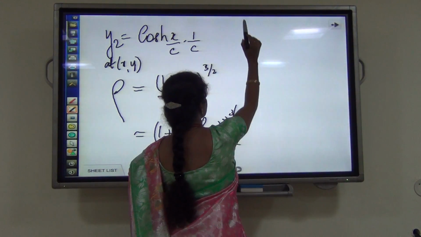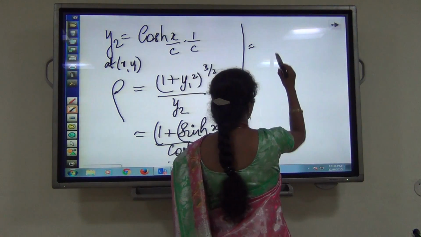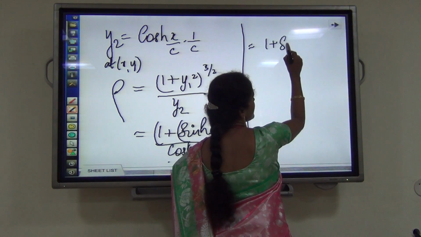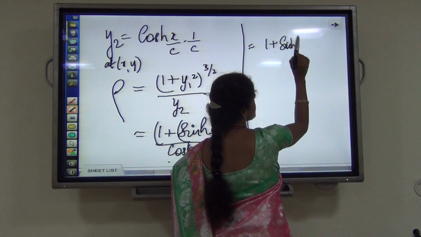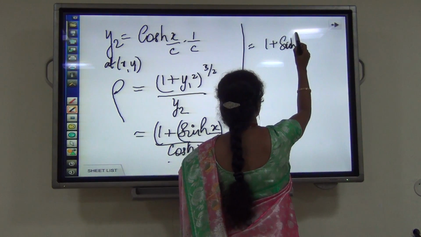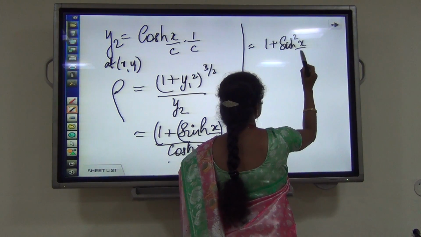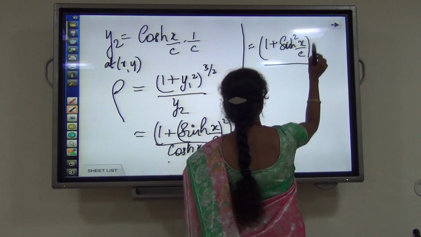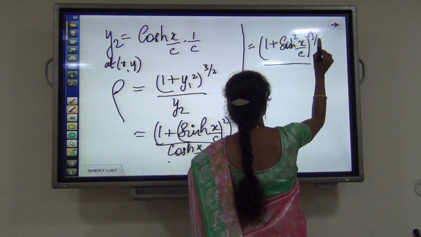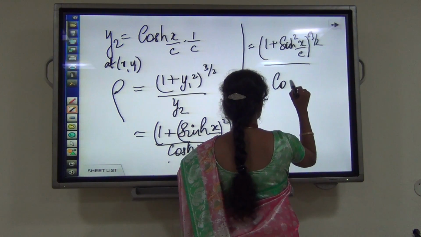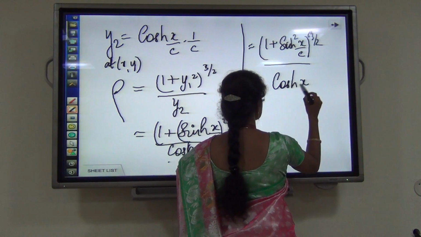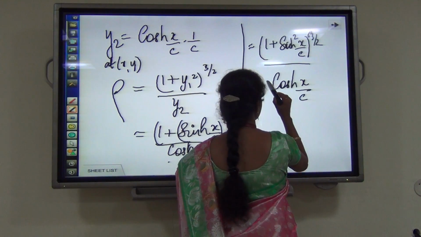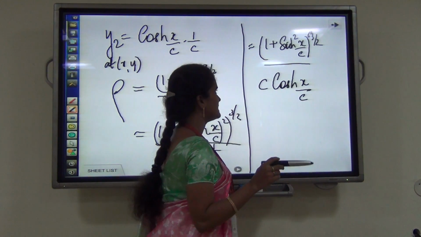Now as we simplify, 1 plus sinh squared(x/c), divided by, to the power 3 by 2, and it is cosh(x/c) into c. We write it as sin square.